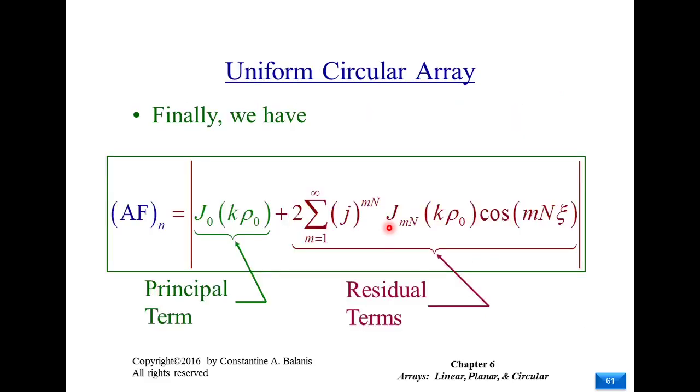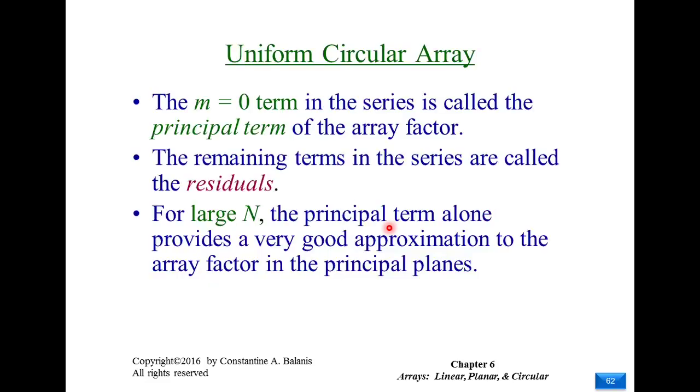You can read those slides. I don't want you to memorize or handle a special case. If we are to deal with a circular array more frequently, this would be of interest to us. But the main idea here is to understand how to formulate the problem and reach the analysis that you want.